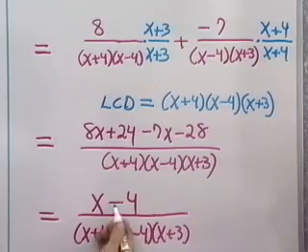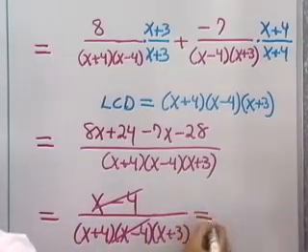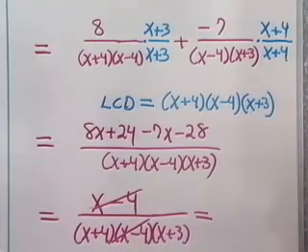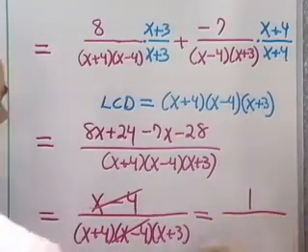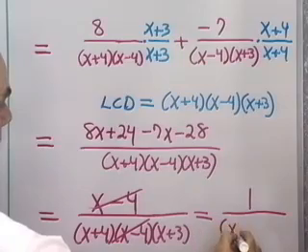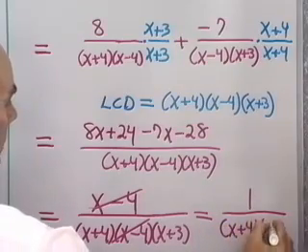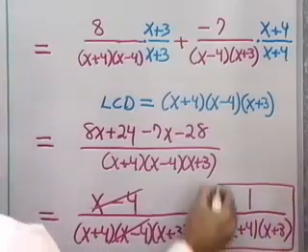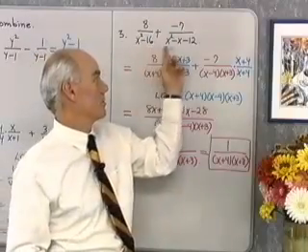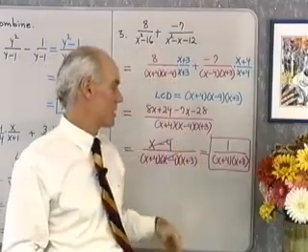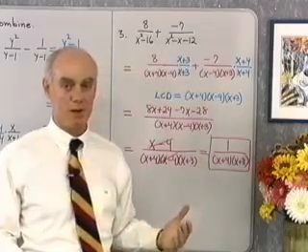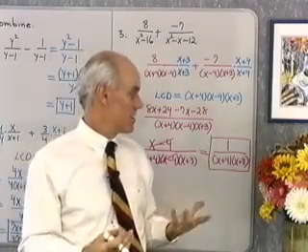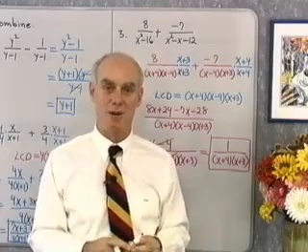So I have a factor of x minus 4 common to the numerator and denominator. I divide it out. What's left in the numerator when I divide out x minus 4 is the number 1. In the denominator I have x plus 4 times x plus 3. So there is what I get when I add or subtract these original two rational expressions. You may want to play this problem over a couple of more times so that you see this is about as difficult as it gets with adding rational expressions.